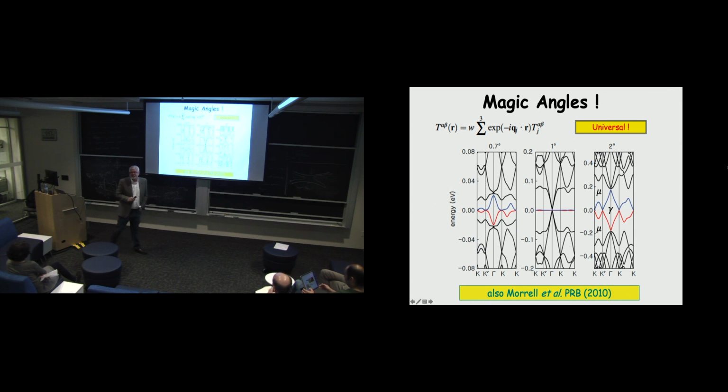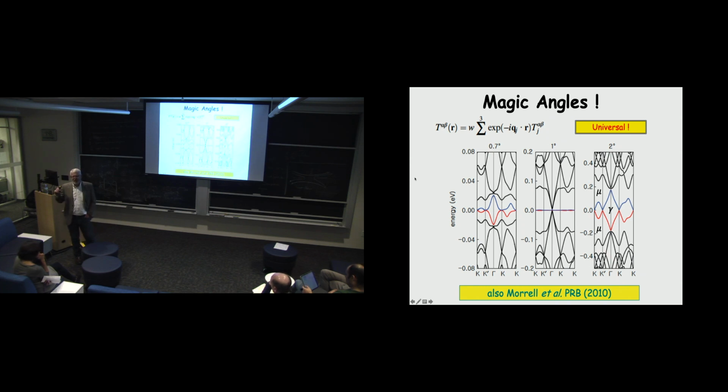One of the things that follows very simply from this simple model, and which is important in understanding the Moiré bands, is that when the twist angle is large, that means the Moiré pattern is short, and the momentum difference between one layer and the other is large.